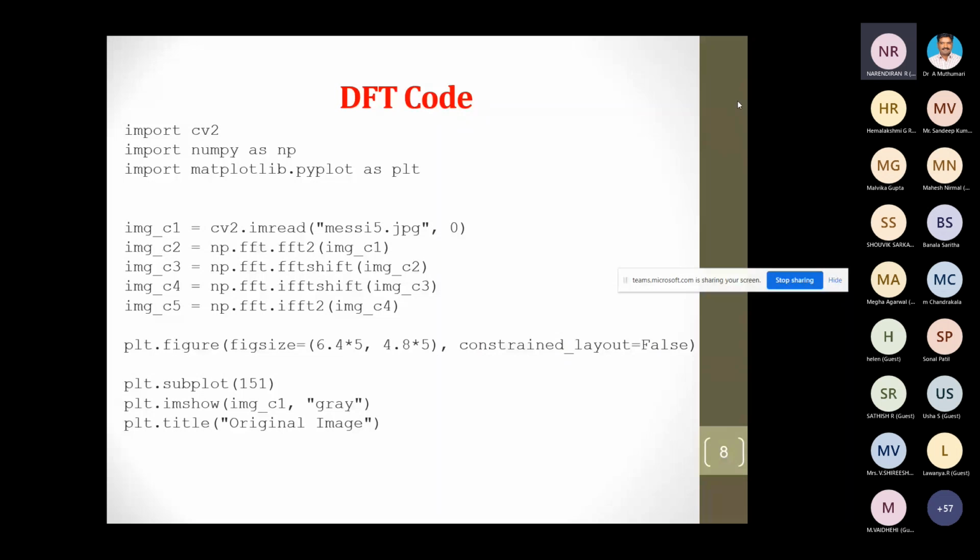So my aim is to read the image, apply FFT and shift the spectrum energies into the center, then decentralize the energy and apply the inverse transform. Once you apply the inverse transform, you will get the same image that you gave as input.